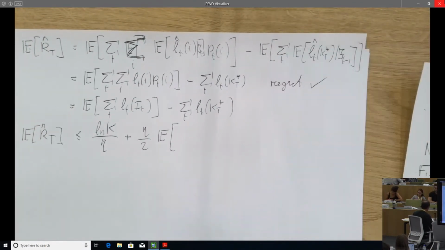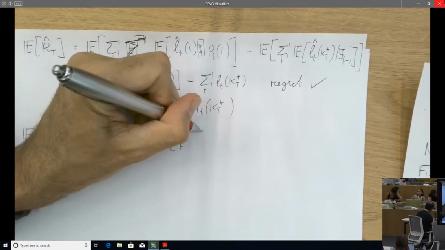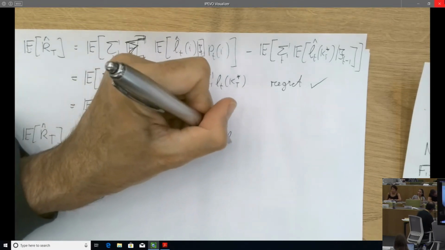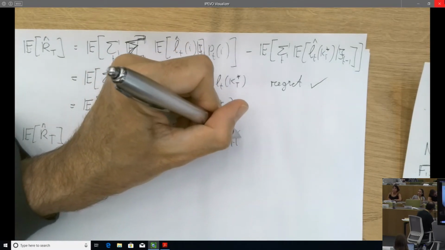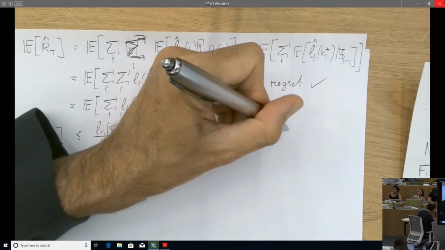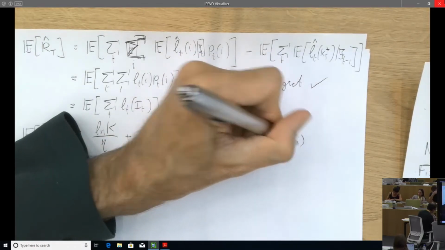Sum over t, sum over i, E, L_t hat i squared, F_{t-1}, in the P_{t,i}.